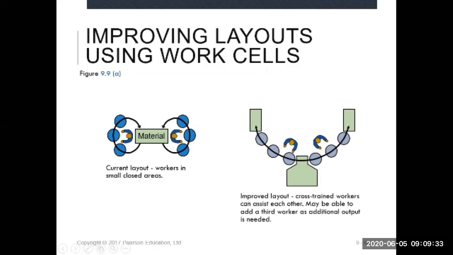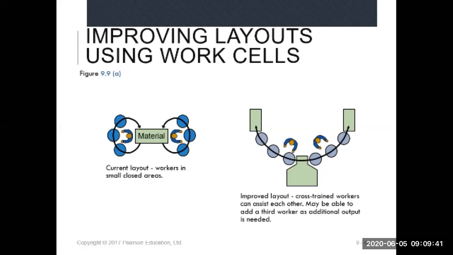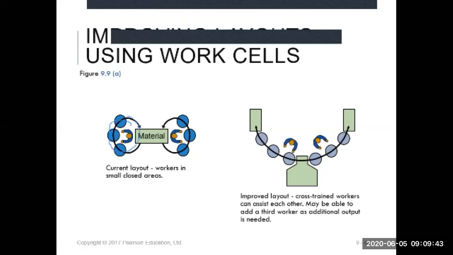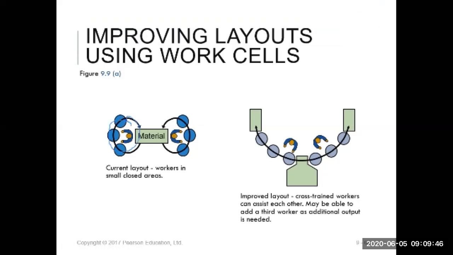If this worker has a problem and cannot attend, is absent, this one cannot replace this one. So when you design like this, you have to cross train so both workers are able to handle both machines. They can help each other. So this is a more efficient layout.